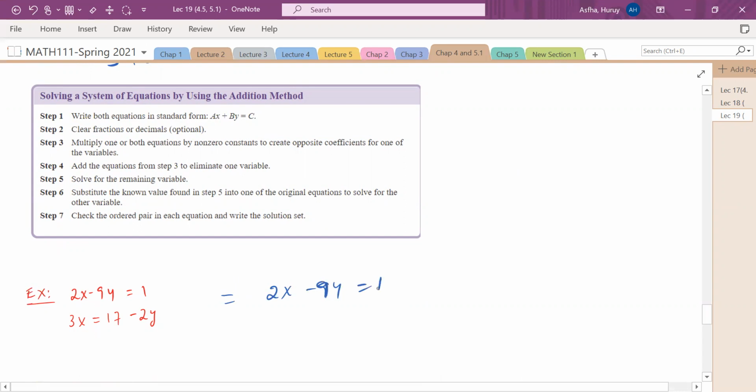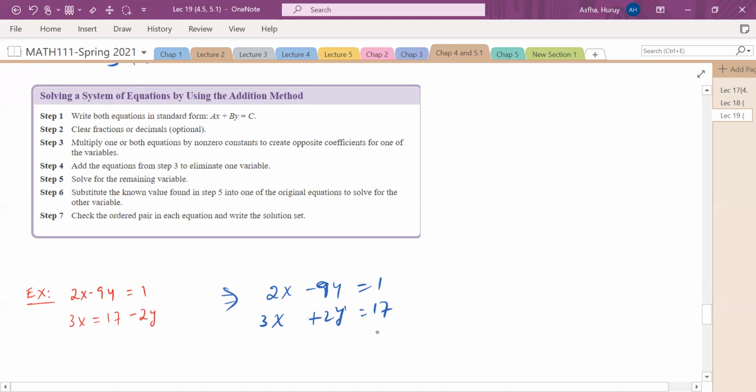We keep the constant on the right side and the variables here, and doing the same for the second equation. I will bring the y term over, so 2y equals 17.